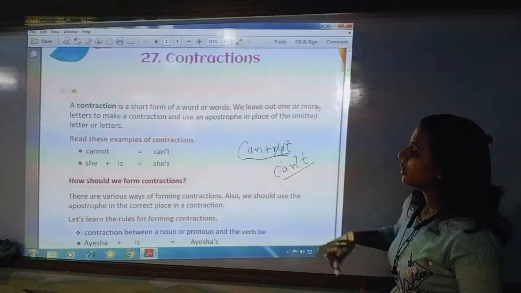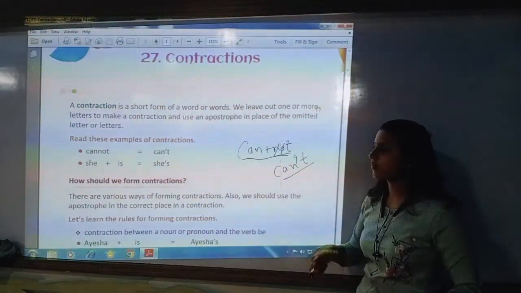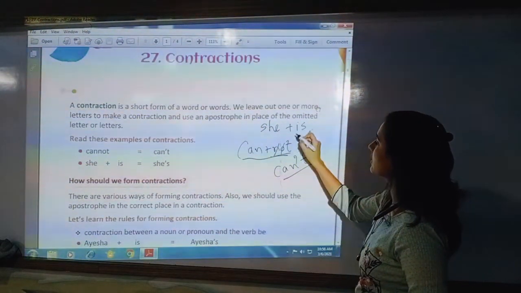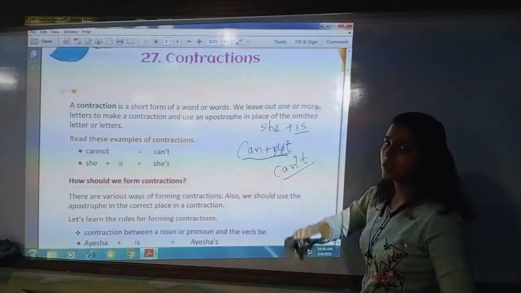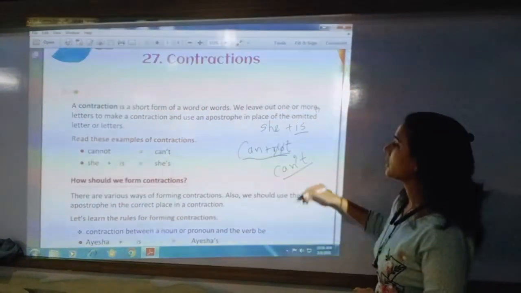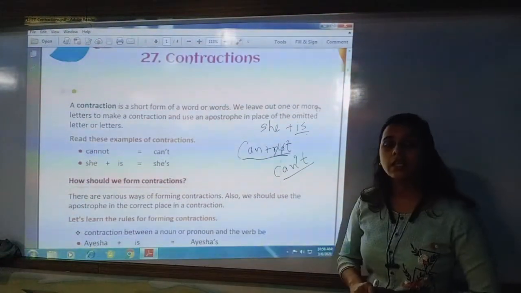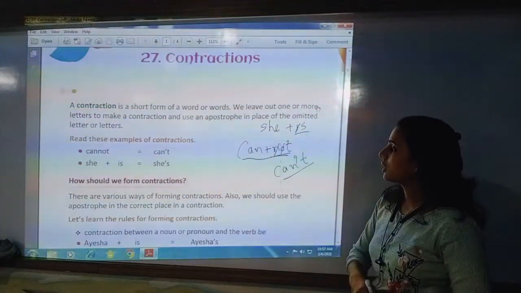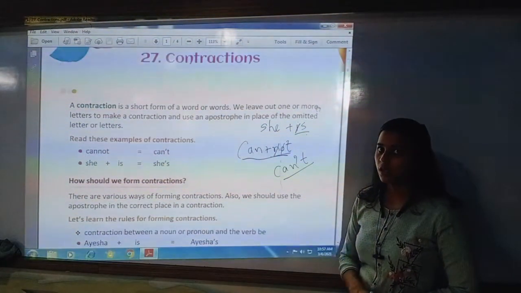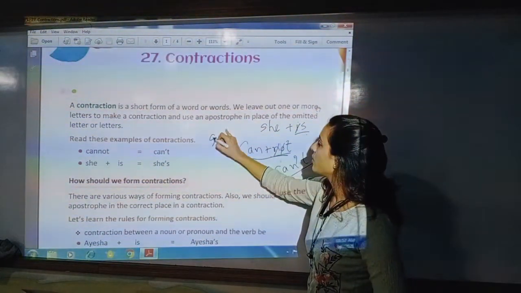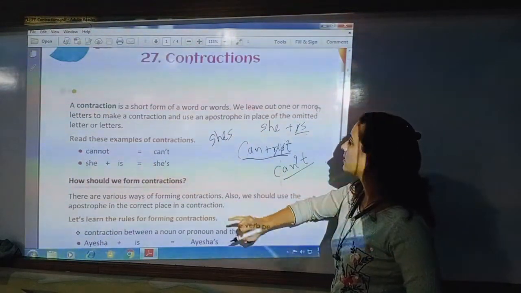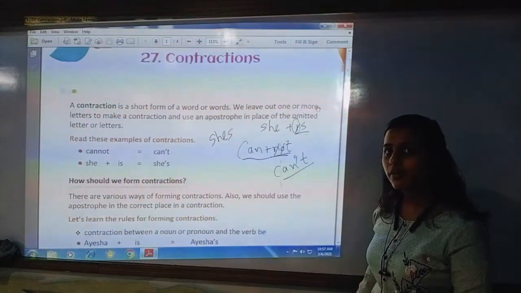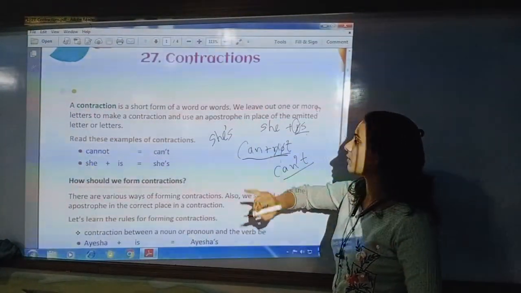Next is she is. In she is, first word is she and second word is. In the second word, the first letter will be removed. So it will become she. Now where we have eliminated the letter, there we will put apostrophe.